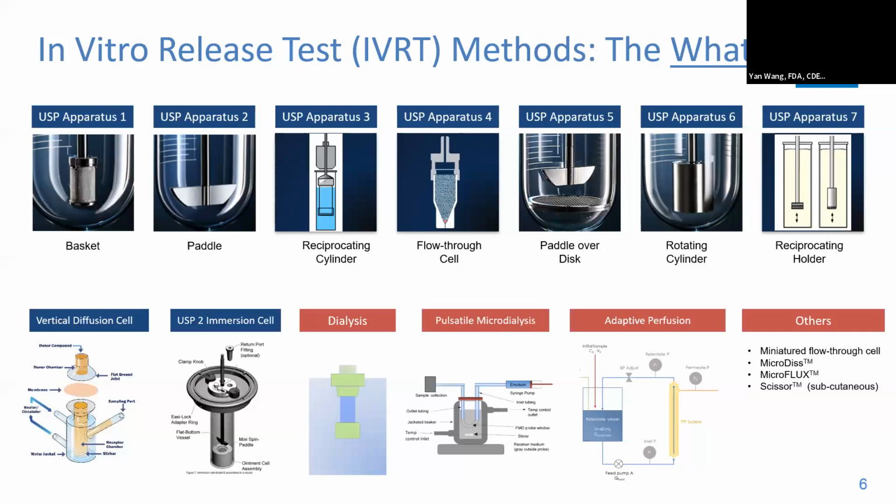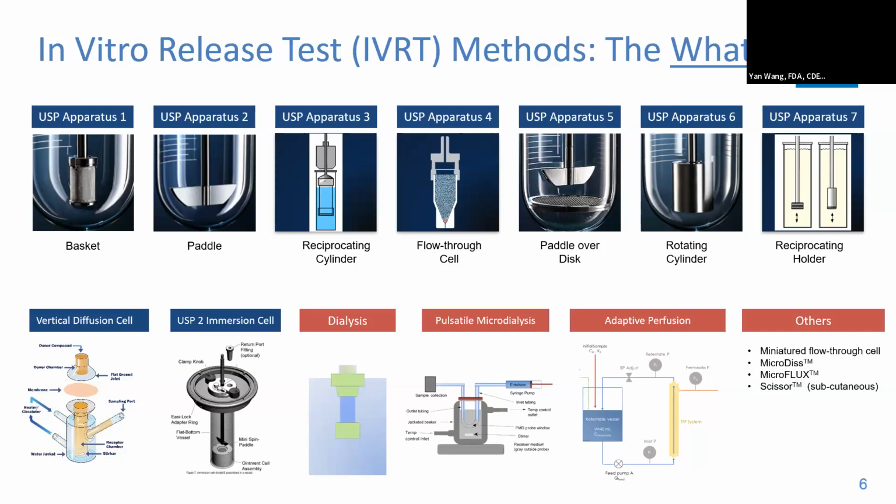But when it comes to complex dosage forms, it's very hard to find a one size fits all scenario. So for complex suspensions, what we have seen the most are USP apparatus 2 and USP apparatus 4. Each of them has its own pros and cons. And related adapters we have seen, for instance, the dialysis stack.